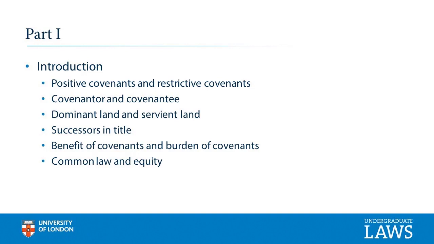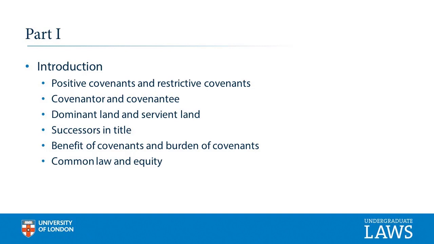Imagine further that B covenants with A that he will do X or that he will not do Y. For example, B might covenant to trim his garden hedges at least once every 6 months. This is a positive covenant because B is required to do something in order to comply with the covenant. It requires action on B's part.